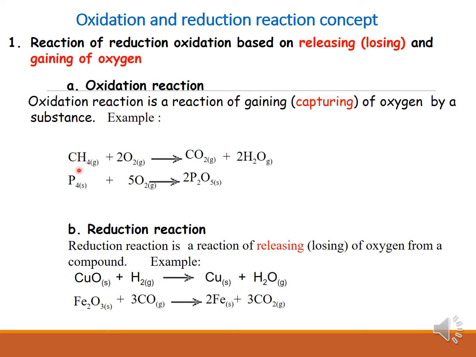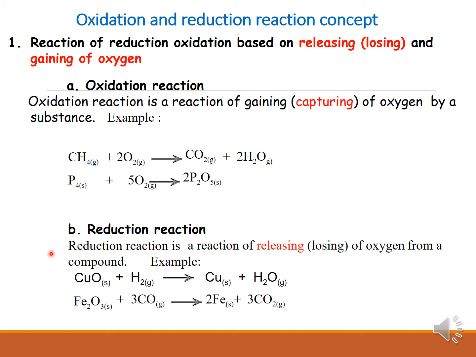Natural gas means methane is combining with an oxygen molecule. What is happening to the carbon atom in methane? Carbon is added with oxygen to form carbon dioxide and water is released. So carbon present in the methane molecule is turning into carbon dioxide. That means we are saying carbon is oxidized, or carbon present in the methane molecule is oxidized.